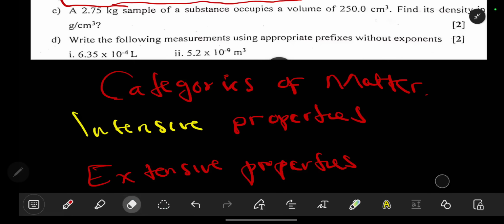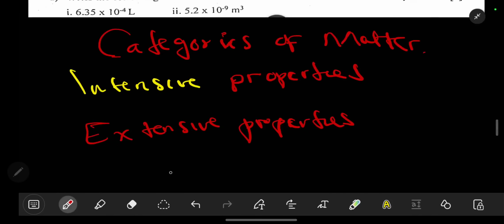Likewise, another intensive property that we might have is the temperature. The temperature is not additive. This is done in an experiment.